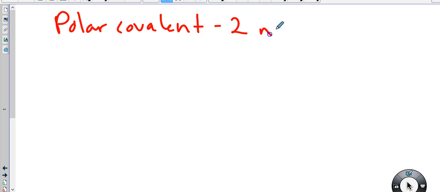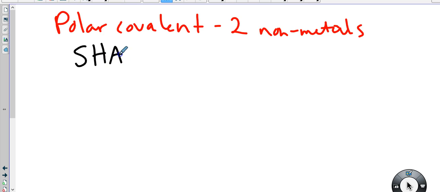Next, the second type of bond that I would like to talk about is polar covalent, right? Polar covalent is where you have 2 nonmetals sharing. There are no ions formed. There's no transfer of electrons. One atom does not take all the electrons.